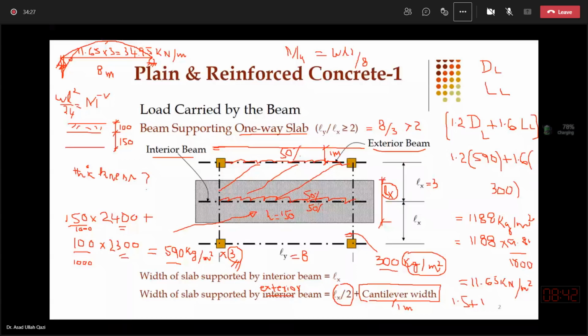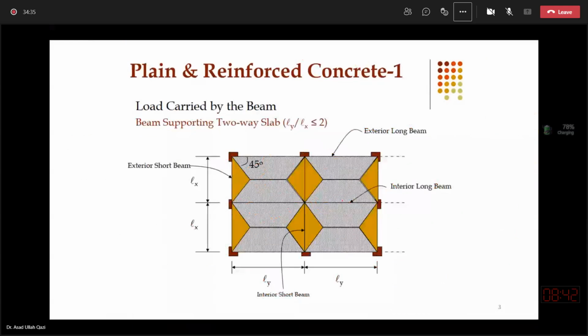Same kind of effort is required when we are having slabs in which bending curvature will be two-way, in which load distribution will be two-way. And we can classify such type of slabs simply by taking the aspect ratio, longer over shorter dimension.